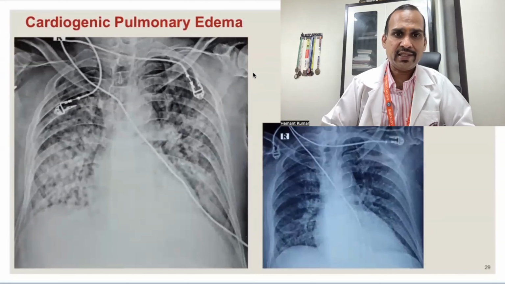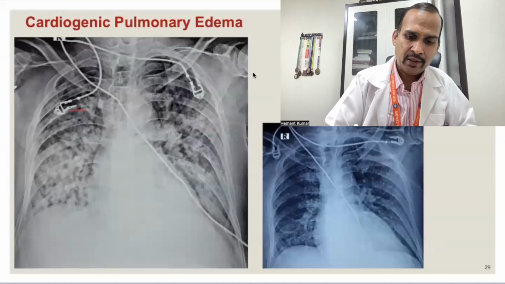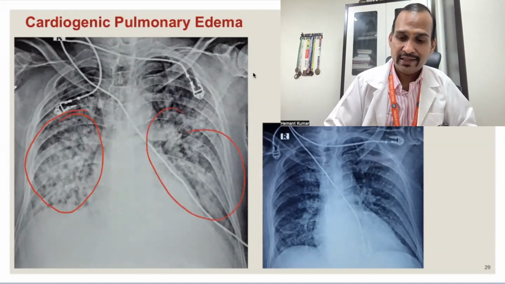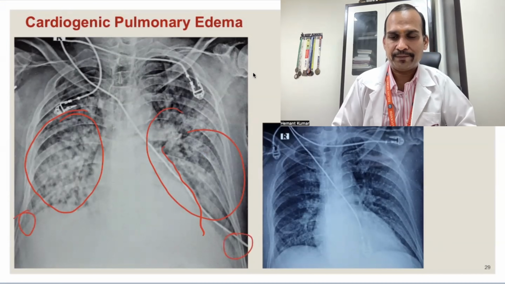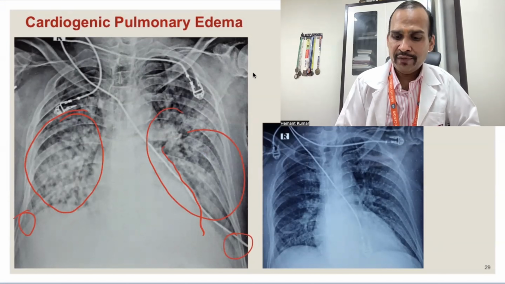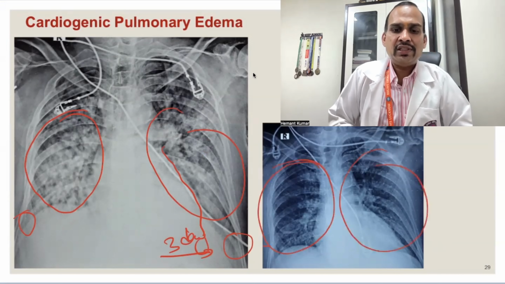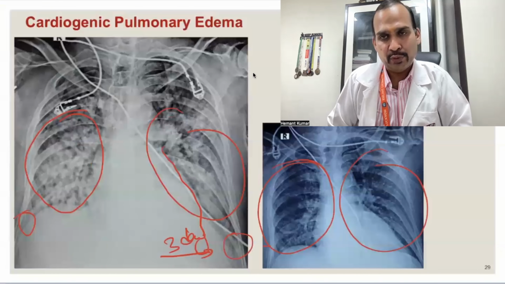In this X-ray, you can see bilateral consolidation. There is cardiomegaly and the angles are not seen, very blunt. We gave diuretics for 3 days, and you can appreciate the lungs got clear. So this was cardiogenic pulmonary edema.